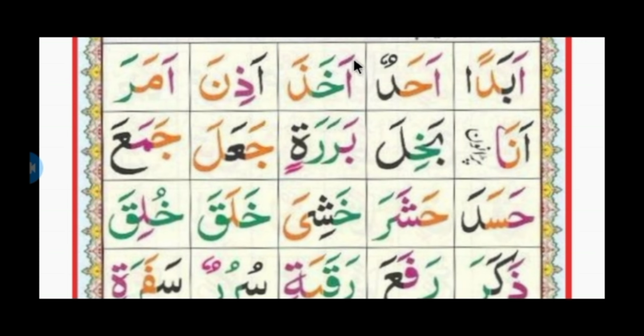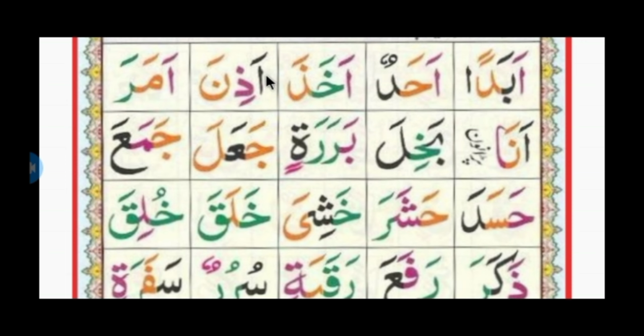Hamza has Fatha, so we will not stretch it, we will not jerk it. This is Kha. Kha is from huruf musta'aliya. We have to read it bold. And Kha has Fatha, we will not stretch, we will not jerk. And Dhal has Fatha also. Same thing, we will not stretch it and we will not jerk it.